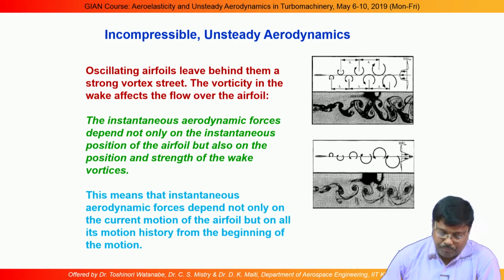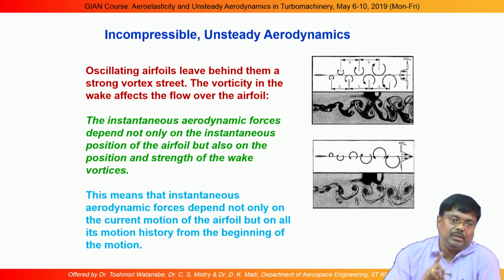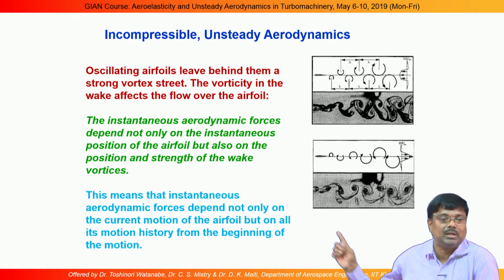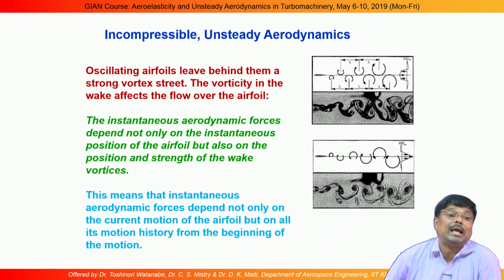So, the unsteady aerodynamic load we calculate will have two components. One is the instantaneous component, depending on the angle of attack. Another is the history effect, meaning the flow which has already passed through the aerofoil section also has an effect, which we call the lag effect.